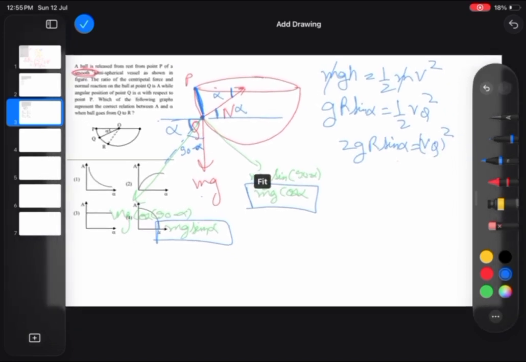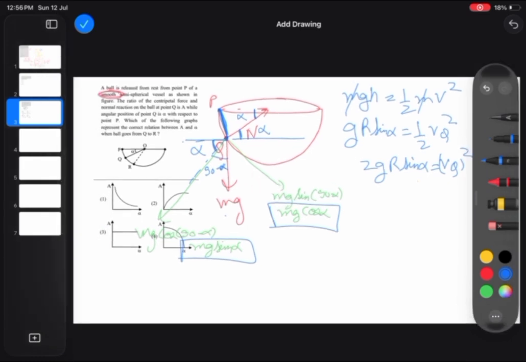Now we know that the centripetal force, which is the main driving force for a circular path, is equal to mv square by r. Now in this question, centripetal force is not equal to normal because centripetal force is the net resultant inward force. So here the net resultant force in the inward direction is N minus mg sin alpha.